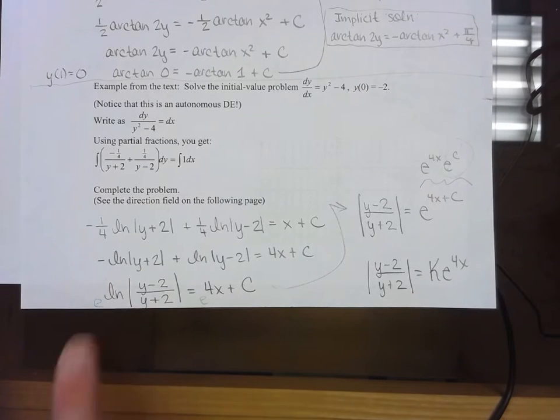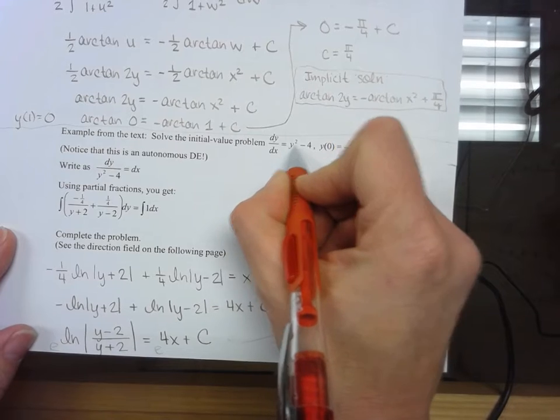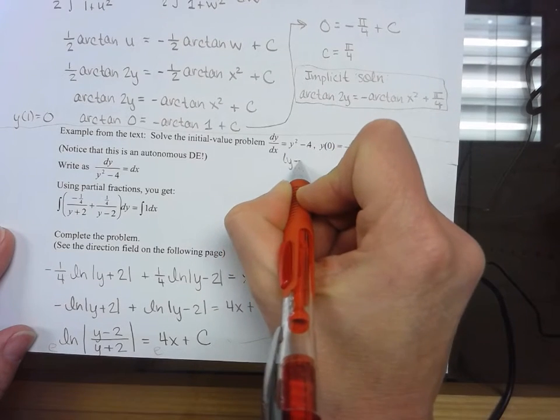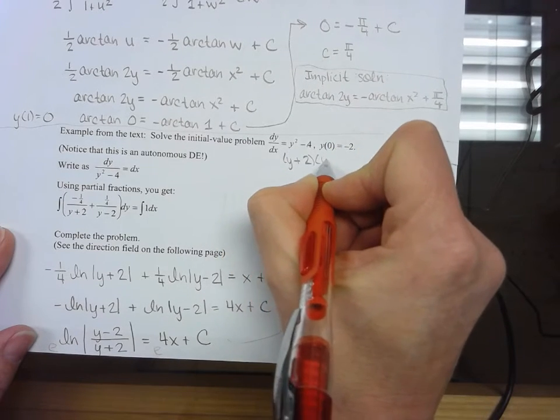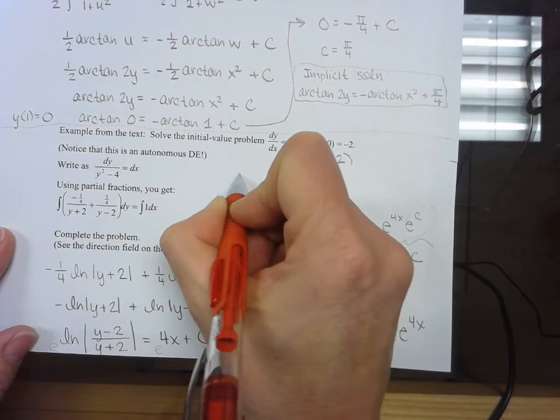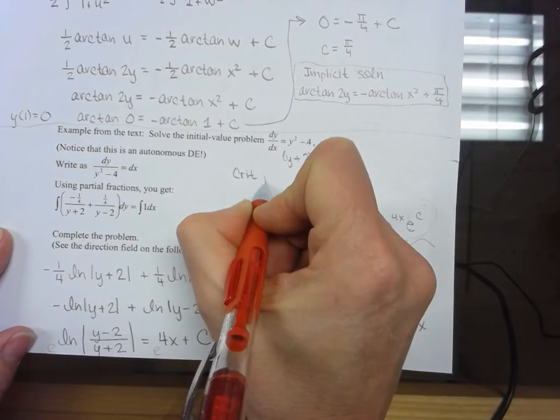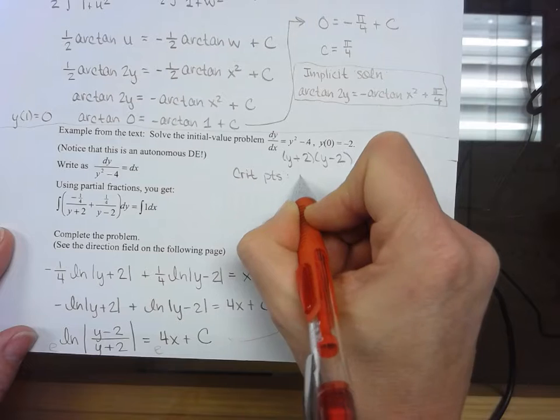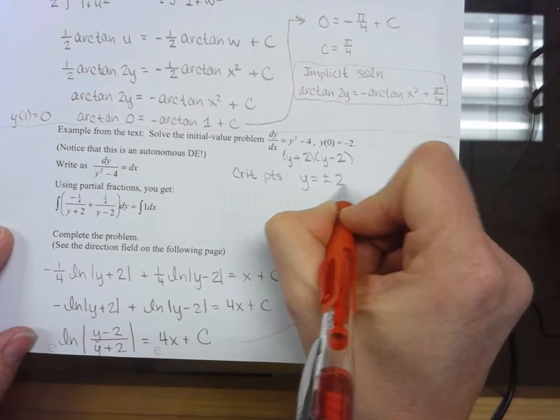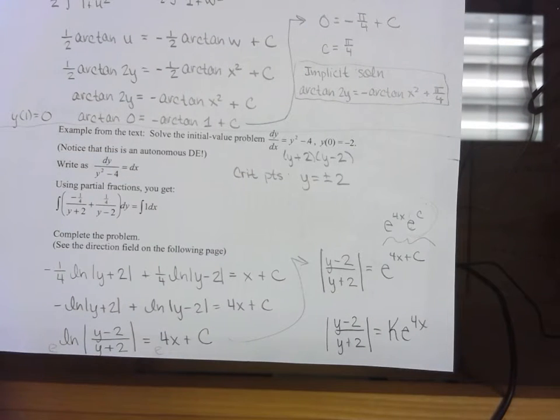But then it says, see the direction field on the next page, and we had kind of already talked about this: the y squared minus 4 can be written as y plus 2 times y minus 2. So the critical points are where y equals plus or minus 2, which is where you just get those constant solutions.